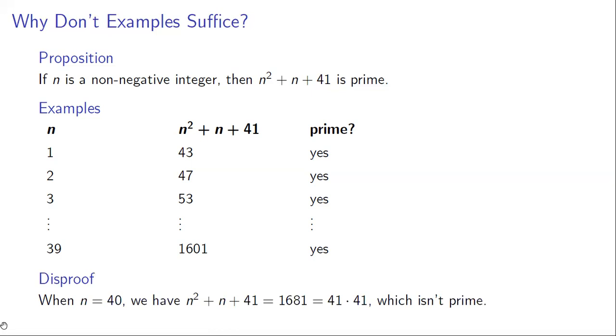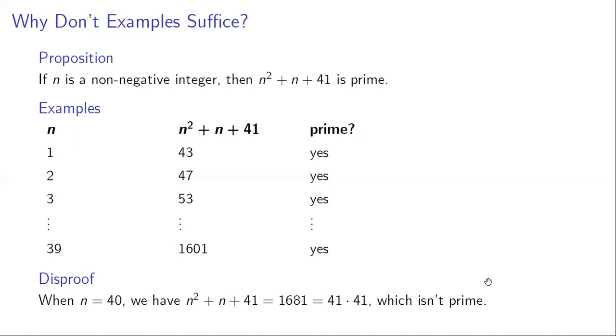Here it is: when n is equal to 40, a non-negative integer, we have that n squared plus n plus 41 is equal to 1,681, which is equal to 41 times 41, which therefore isn't prime because it has more than 2 divisors. One of the divisors is 41. So this is just a nice example showing that giving examples isn't enough.